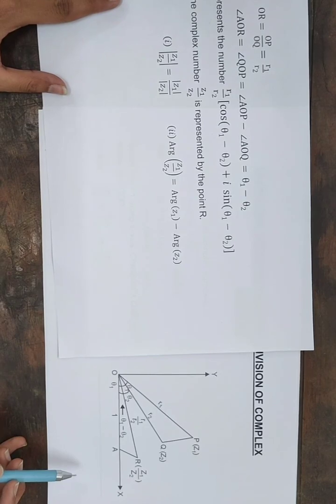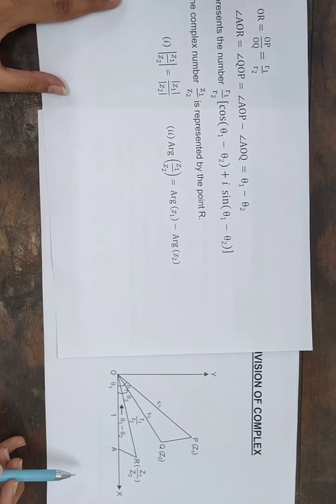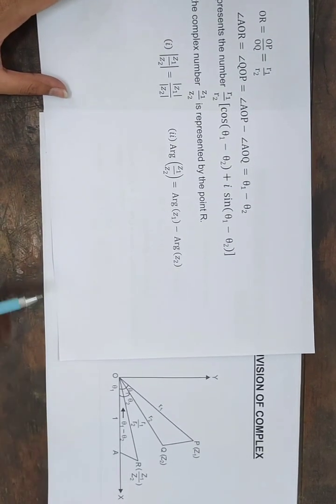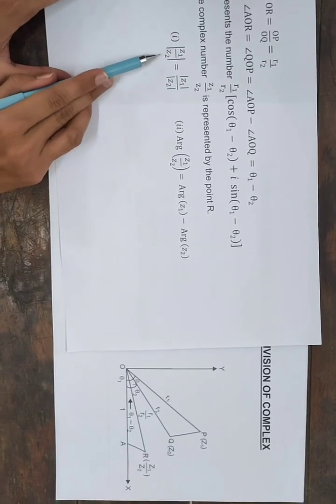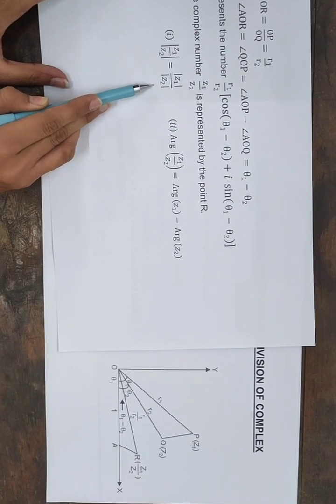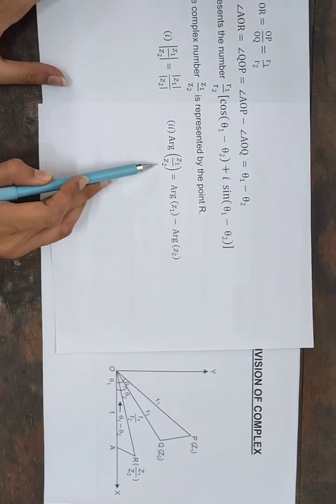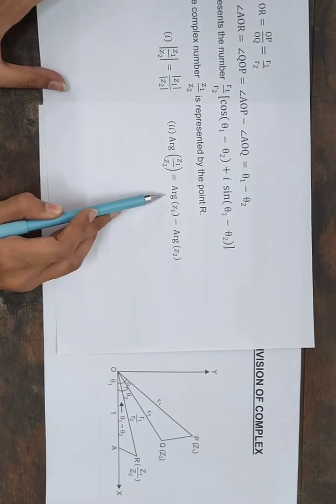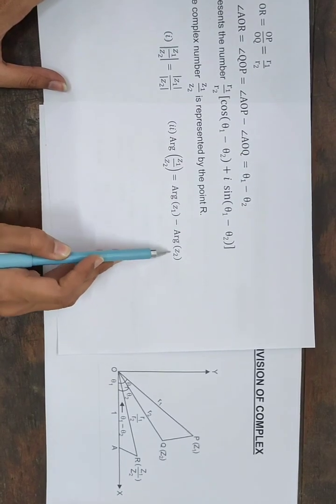Hence, the complex number Z1 upon Z2 is represented by the point R. From this, we get that the mod of the quotient of complex numbers is equal to mod of Z1 upon mod of Z2, and the argument of the quotient is equal to argument of Z1 minus argument of Z2.